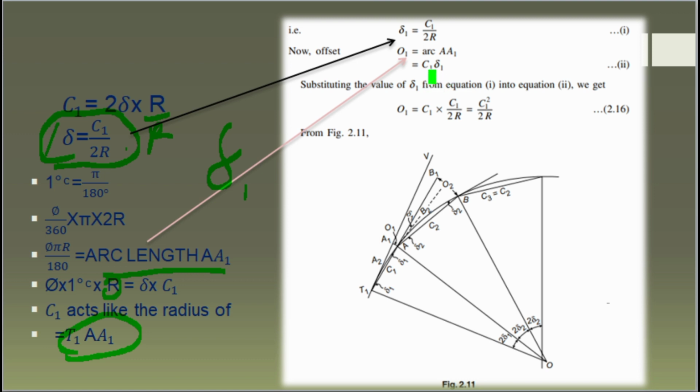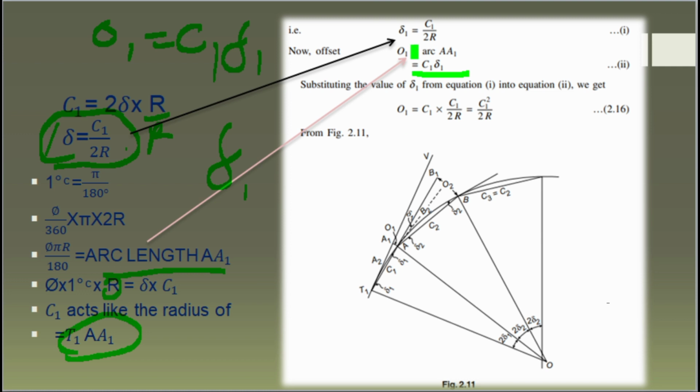By having that second formula, we'll have this offset 1 is equal to C1 multiplied by the deflection angle 1 found here. So this is the simple representation there. By substituting the value of the deflection angle from equation 1 that we had earlier, and that of equation 2, I go directly in this given figure.